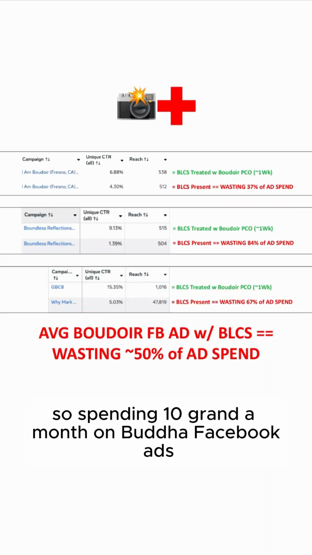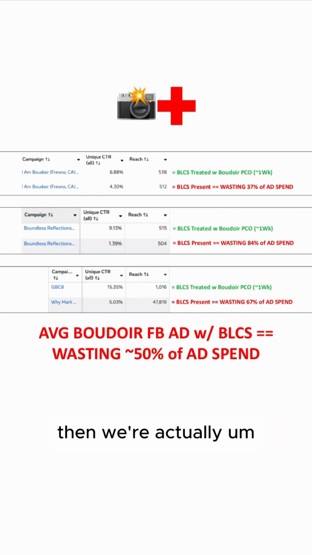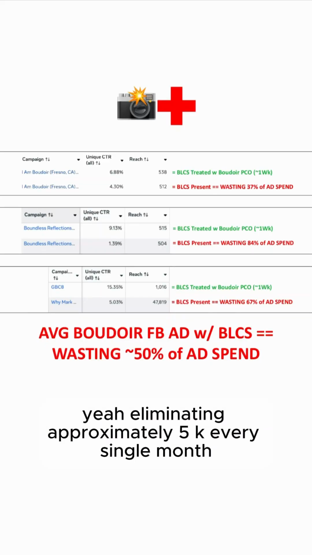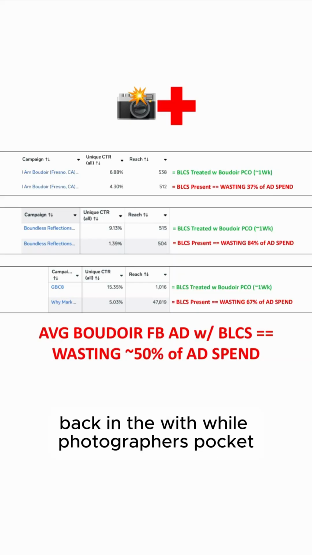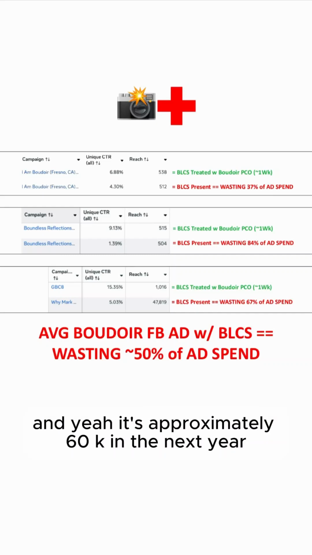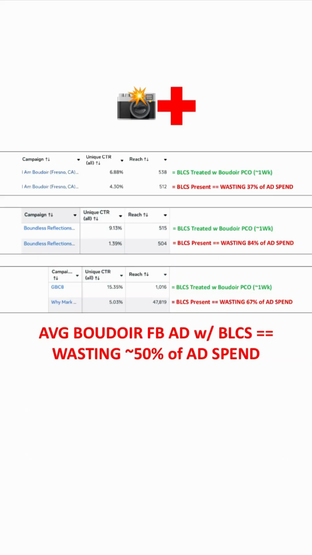So spending 10 grand a month on Boudoir Facebook ads, then we're eliminating approximately 5K every single month back in the Boudoir photographer's pocket. They keep that, they no longer have to spend it. And it's approximately 60K in the next year.